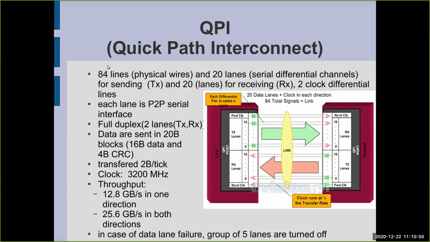In this example, QPI consists of 84 physical wires, but the wires are grouped. Two wires create something called a lane. We have 20 lanes, differential serial interfaces, which are used to send data, and 20 lanes for receiving data.